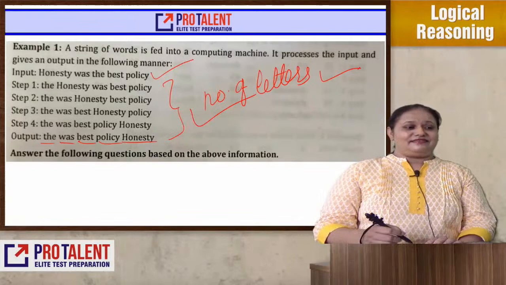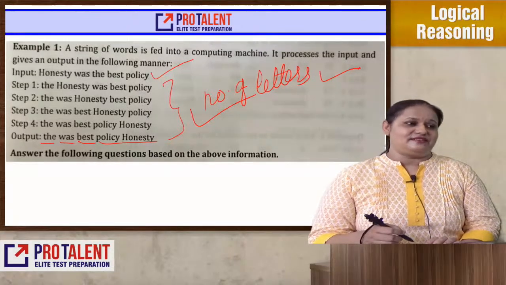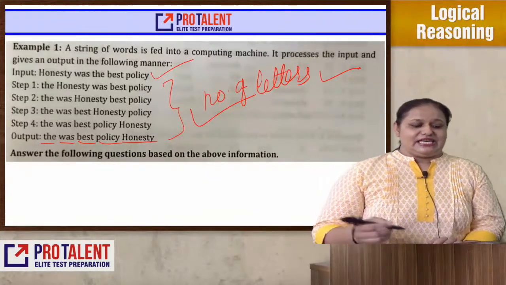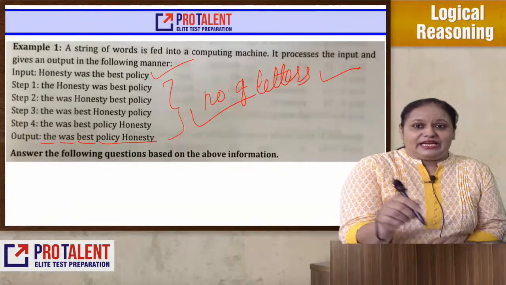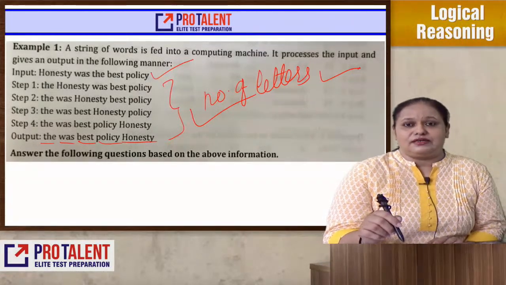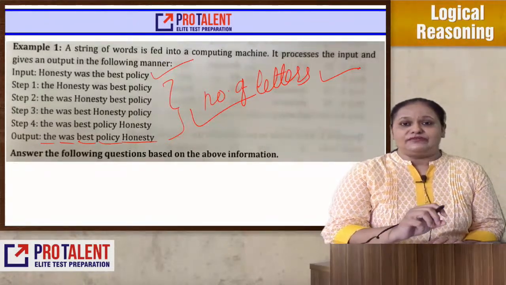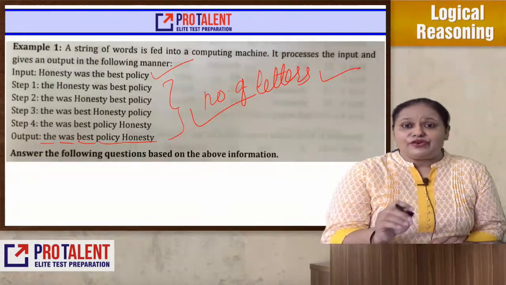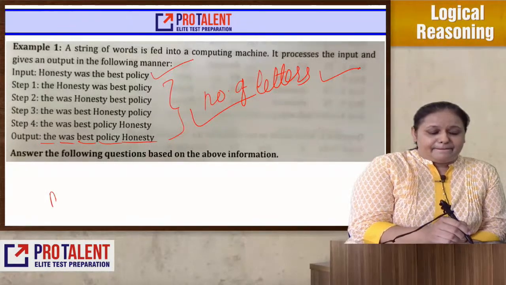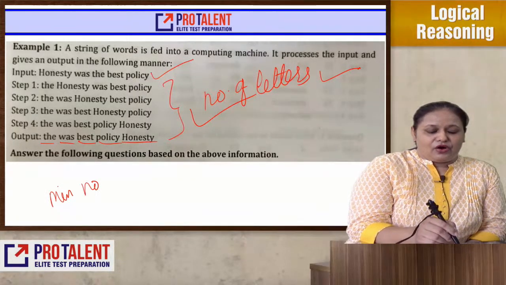Yes, correct. Riddhi has come up with a very nice logic, that is in the words. Instead of going for the entire word, we could have counted just the vowels, and we could have started with the minimum number of vowels.